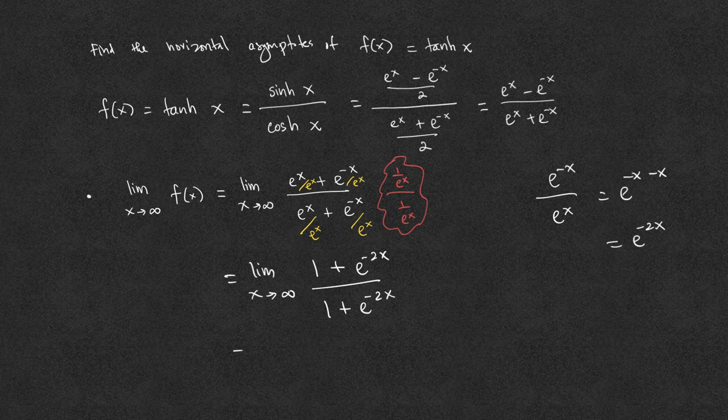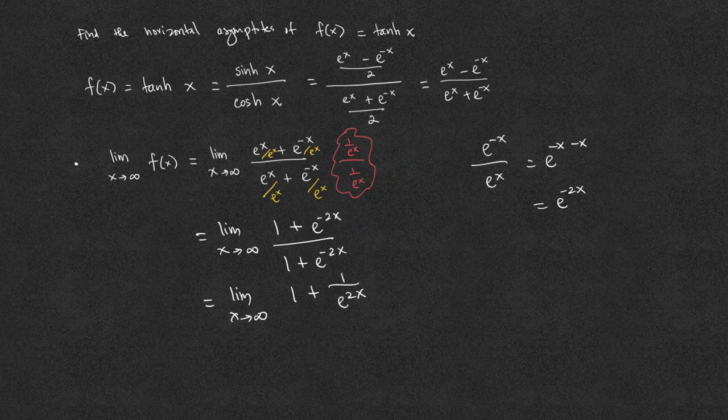To be clear where the term e to the negative x went, we take the limit as x goes to infinity of 1 minus, and we rewrite this as 1 over e to the 2x. The same in the denominator, 1 plus 1 over e to the 2x. Keep in mind that as x goes to infinity, the denominator e to the 2x gets very large, and so the term would go to 0.